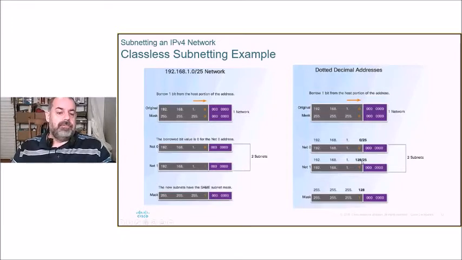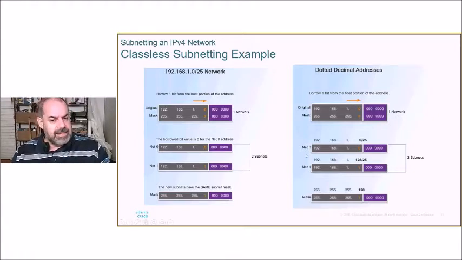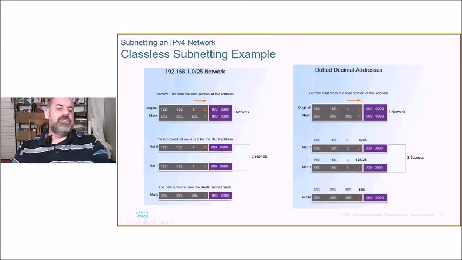And so basically, with the first subnet, you've got the network number of 0, then you've got the host addresses of 1 through to 126. 127, of course, would be all of those bits being set to 1, that would be the directed broadcast for the subnet. And then the next number is 128, and so that gets you into the next subnet.